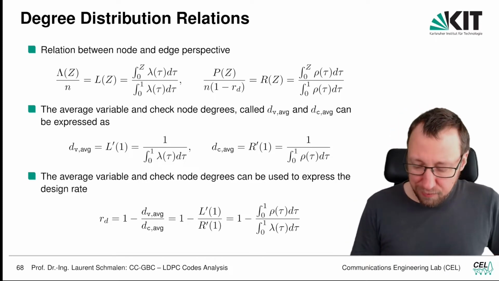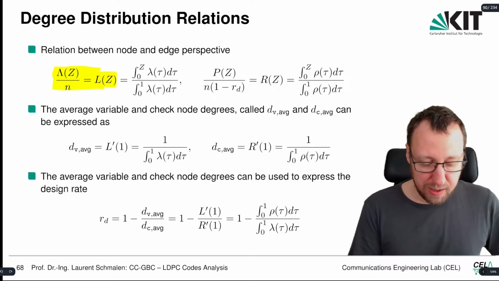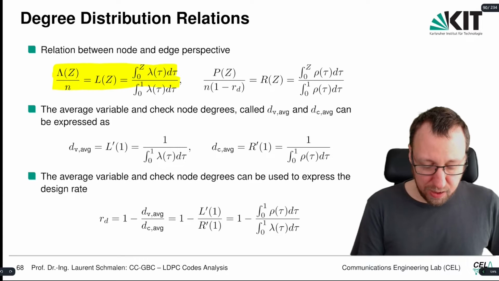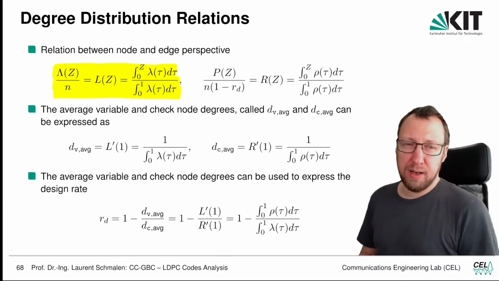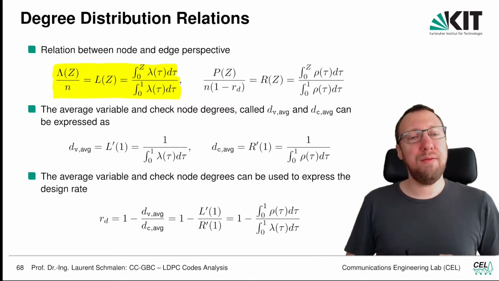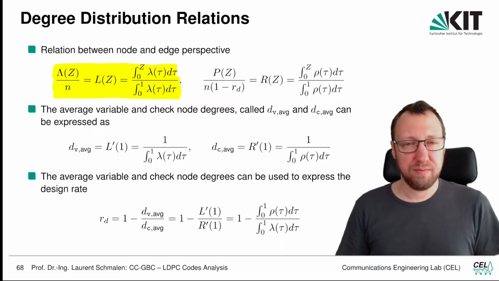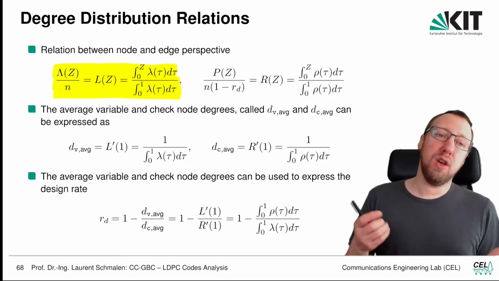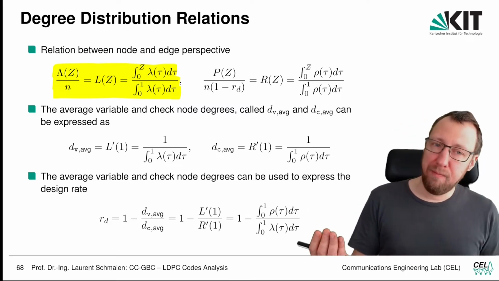So we have L of z. L of z is equal to lambda of z divided by lambda of 1. And L of z can be expressed as the integral from 0 to z of lambda tau d tau, divided by the integral from 0 to 1 of lambda tau d tau. Essentially, we know that lambda is the derivative of L, so L is then the integral of lambda.